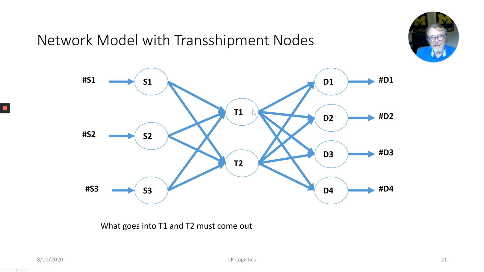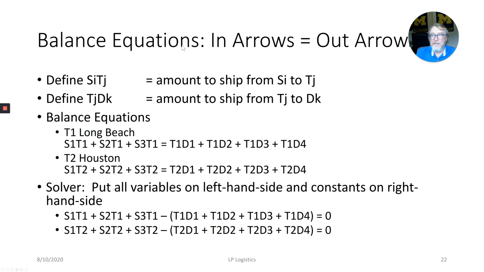Okay, so this is a network model. And to do that, we need balance equations, right? So what comes in, the in arrows, are equal to the out arrows. The amount coming in has to be equal to the amount going out. And so for Long Beach, what comes in comes from Busan, Shanghai, and Singapore, and then it goes out.